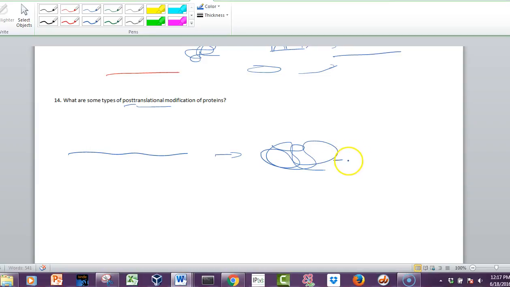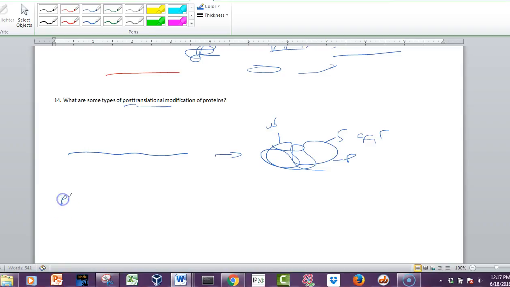You can have things like phosphate groups added. You can have sugar added. You can have this thing called ubiquitin added, which is another small peptide. Lots of different things can get added. I would say that the two most common that you might see are phosphorylation and adding a sugar.